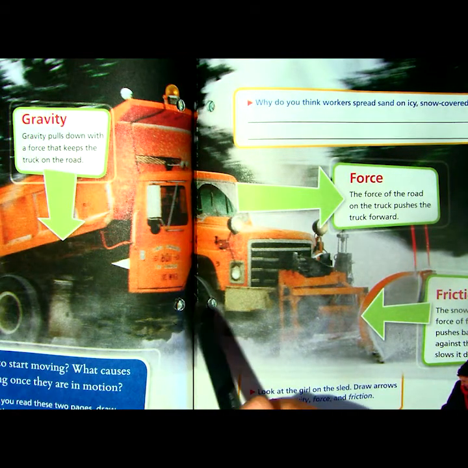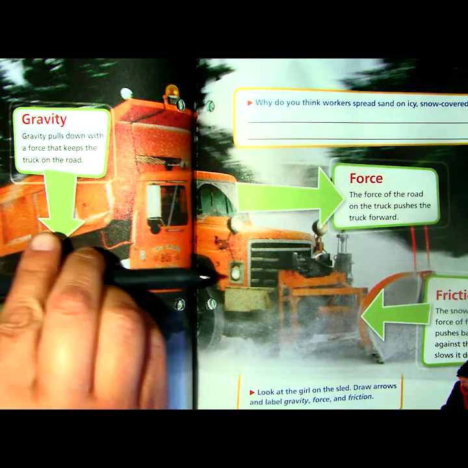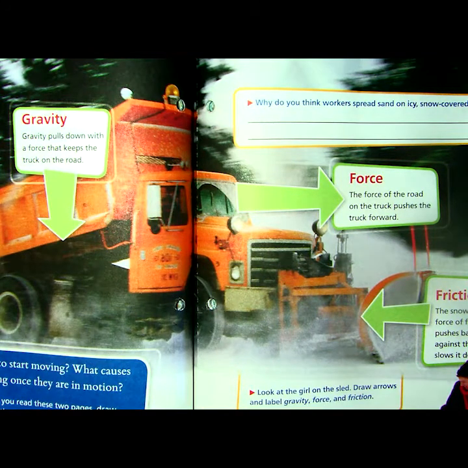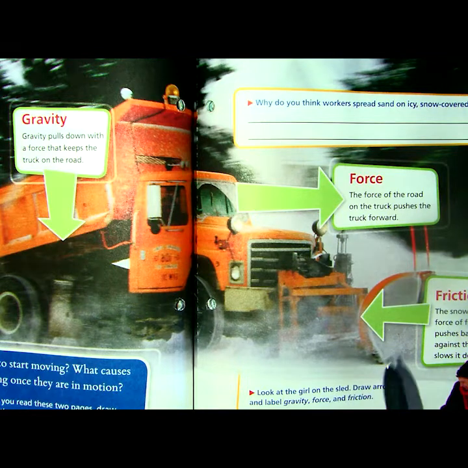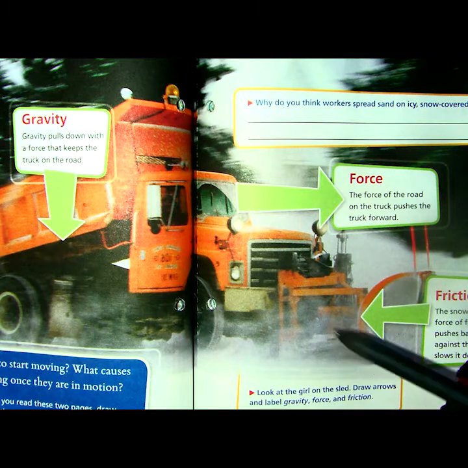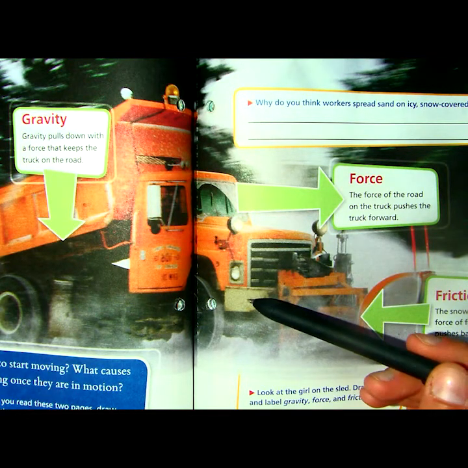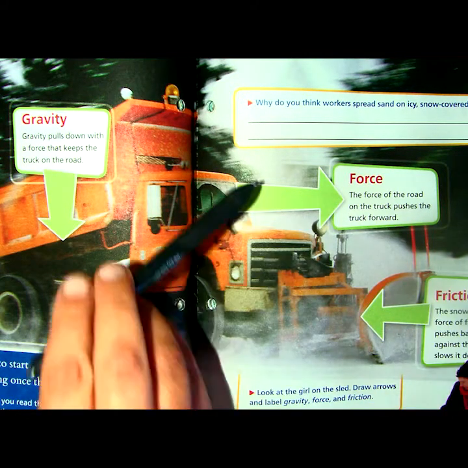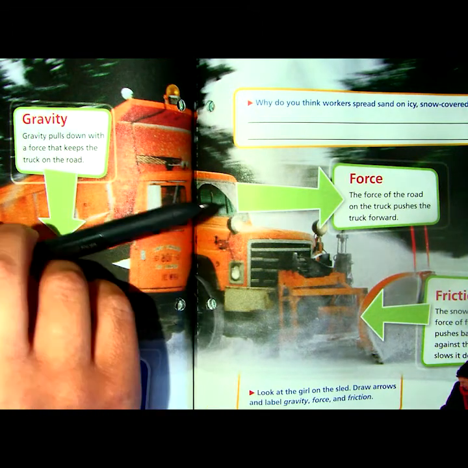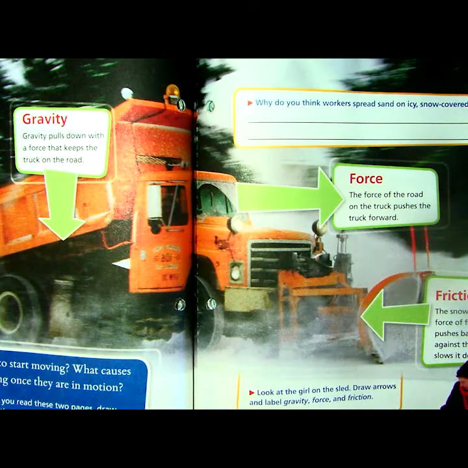So this is a force that's pushing the truck forward. Now, the friction is created right here, where the snow is actually pushing backwards against the truck, which is causing the truck to slow down. And the force of the truck, with the help of the engine, will continue pushing it forward.